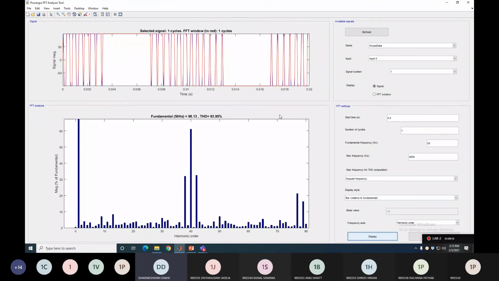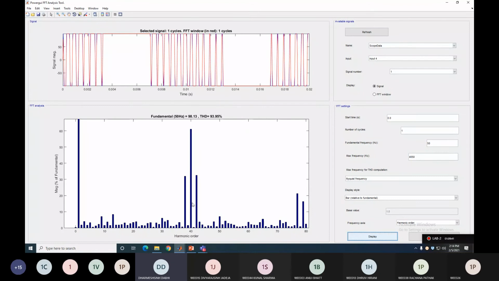So now we prove that the dominant harmonic frequency depends upon the frequency of your carrier signal. Understand all of you? Again, the dominant harmonic order depends upon the frequency of your carrier signal. Carrier signal means the triangular signal. As you increase the frequency of the triangular signal, the dominant harmonic frequency will increase.